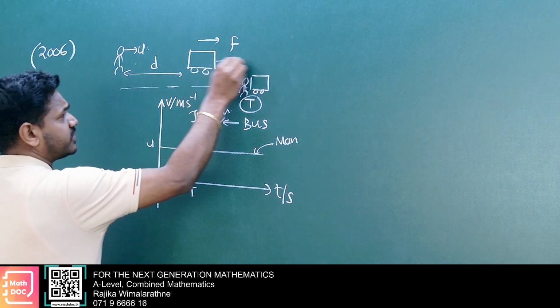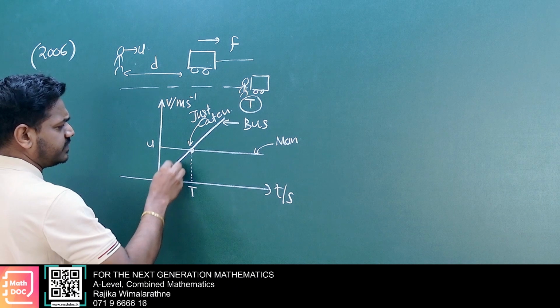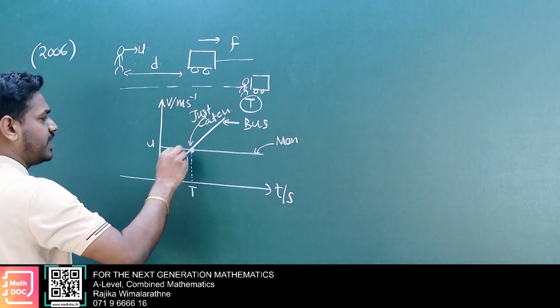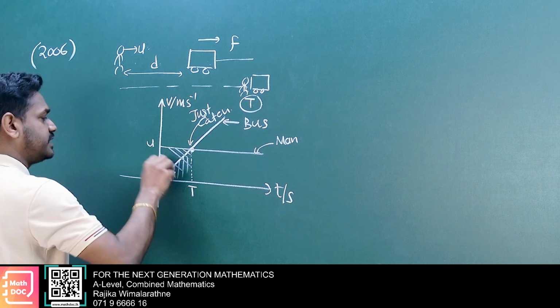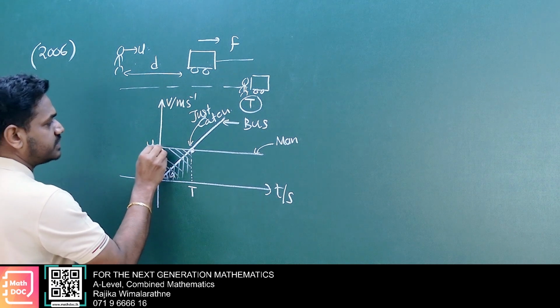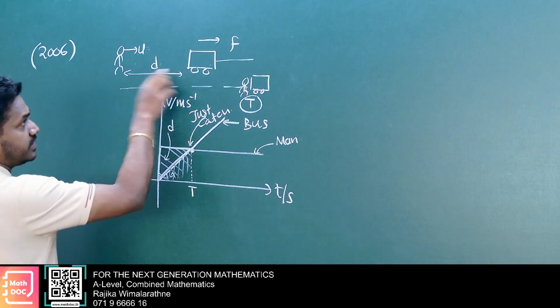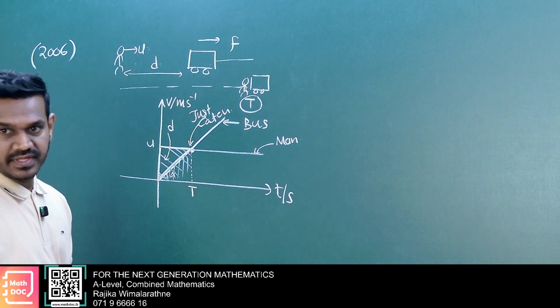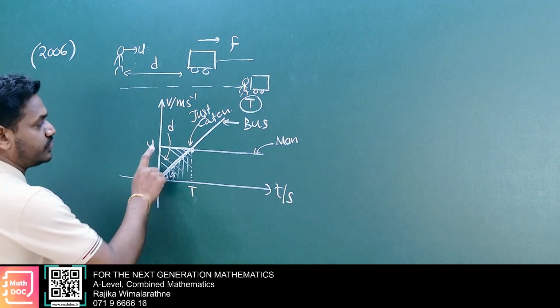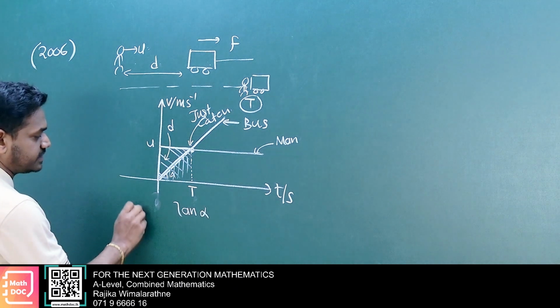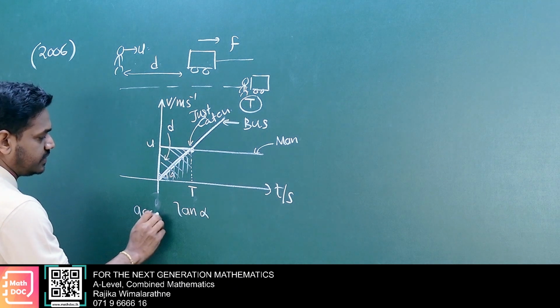So here the displacement of the bus is given by this shaded region. Then the displacement of the man is given by the full region. Then this part represents d, no? The displacement gap. Therefore, now T is given, u is given, then tan alpha is the acceleration of the bus.